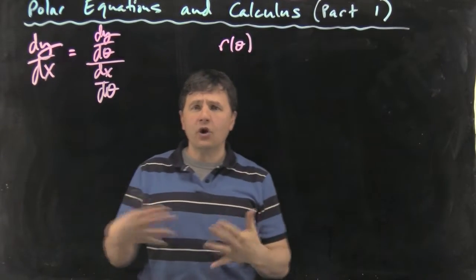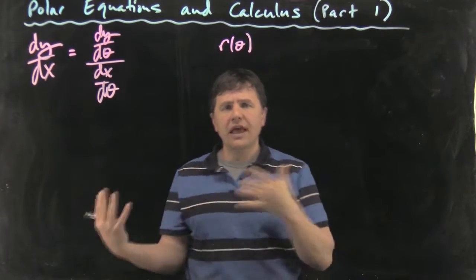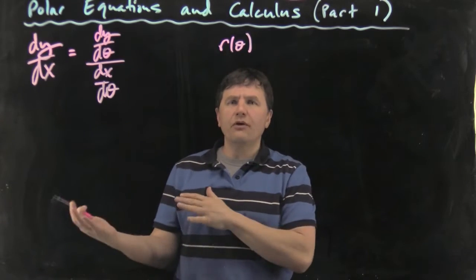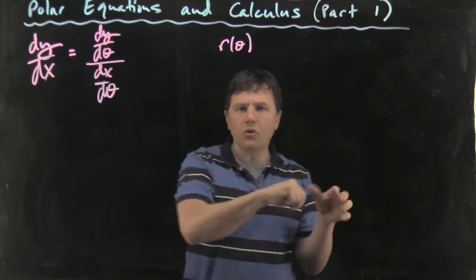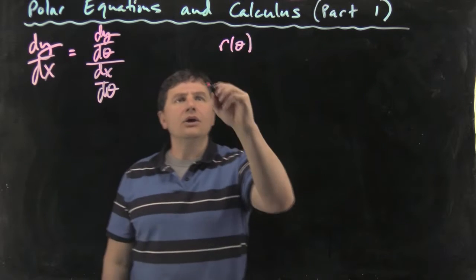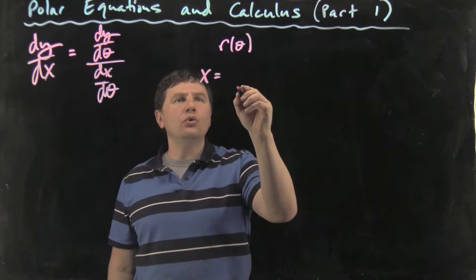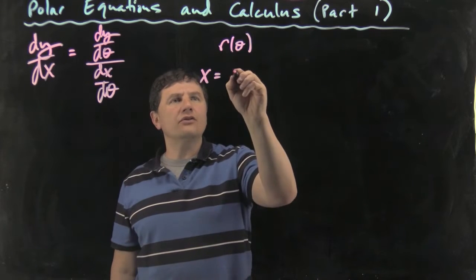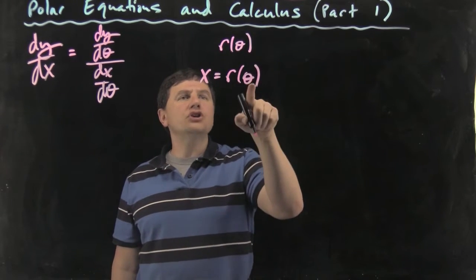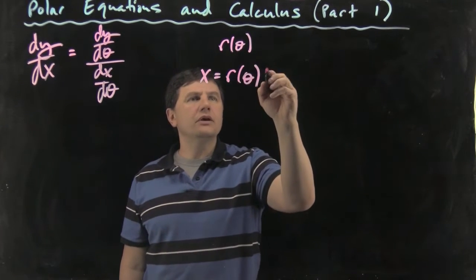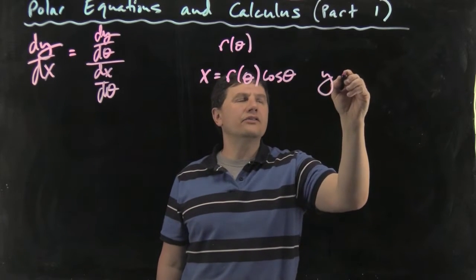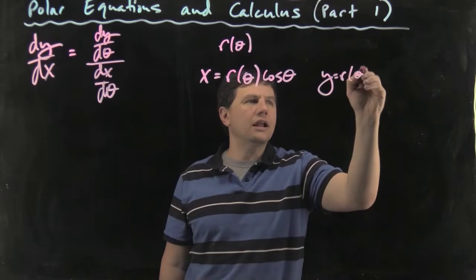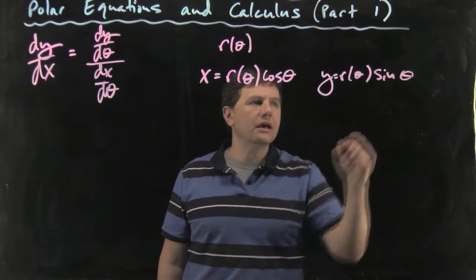So we can always easily go back and forth between parametrics and polar, because from when we did going from rectangular to polar or vice versa, keep in mind we had x is equal to r cosine of theta. So this will be the function r of theta, cosine theta, and then y is going to equal r of theta, and then sine of theta.